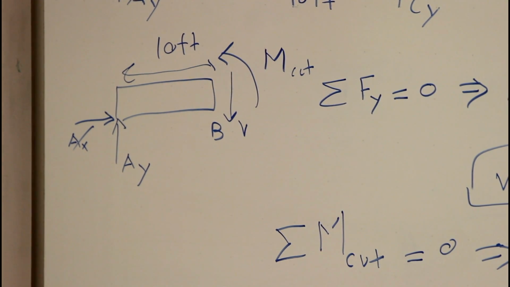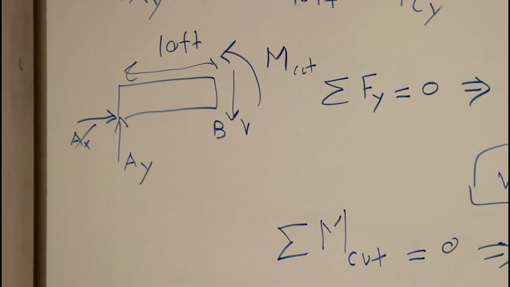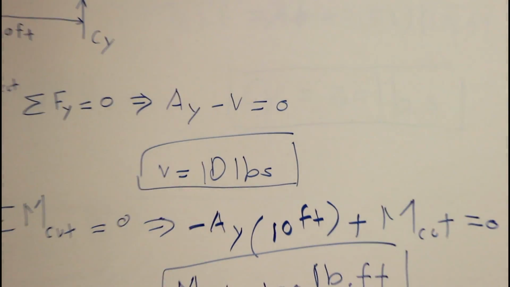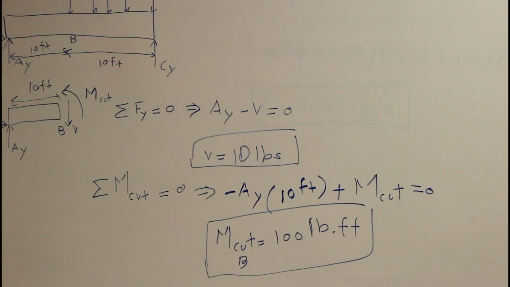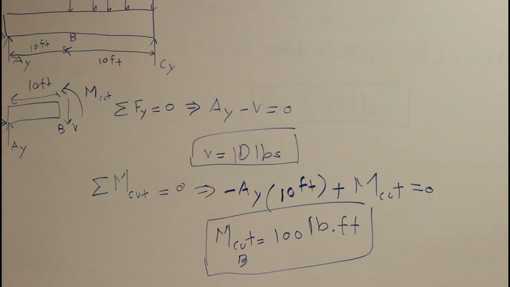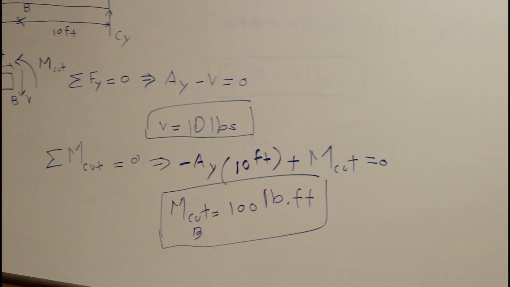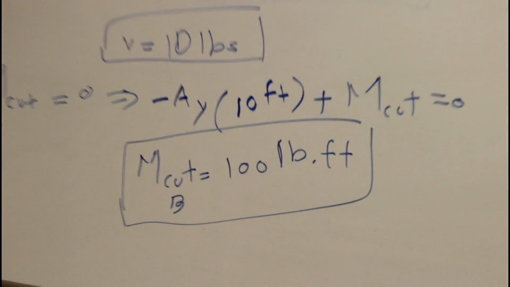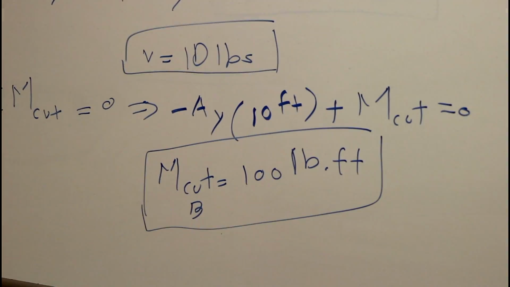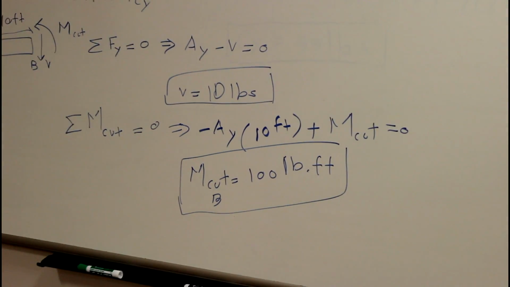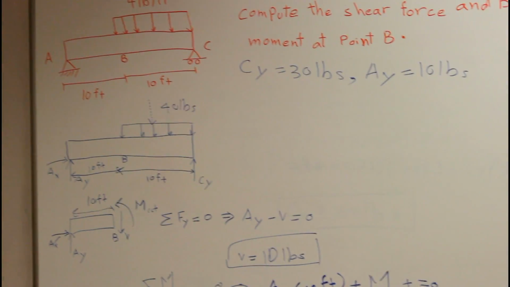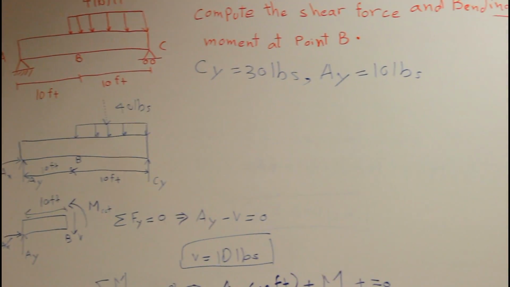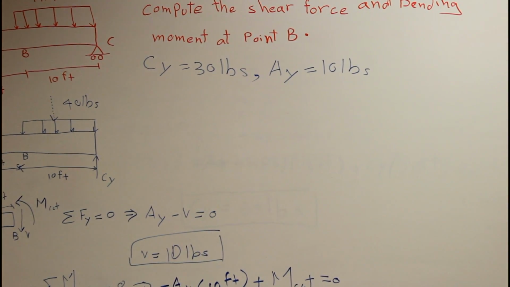That means we will have only one force multiplied by the distance, 10 feet, which is negative AY, because AY is going into the page. This is why it's negative, multiplied by 10 feet, which is the vertical distance, plus the moment of the cut, equal to 0. And we found that the moment of the cut equals 100.